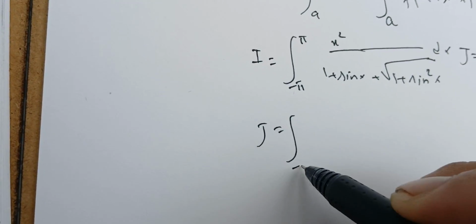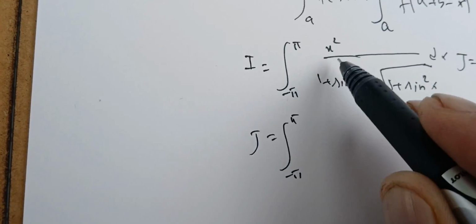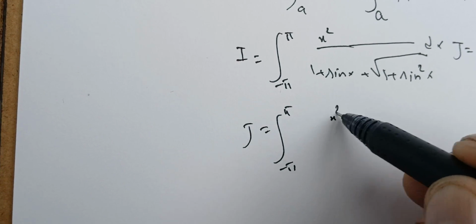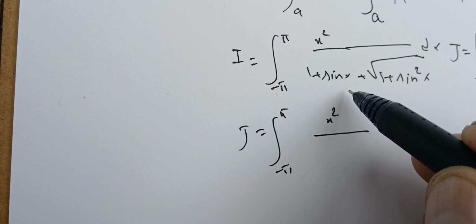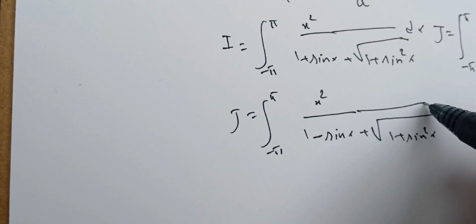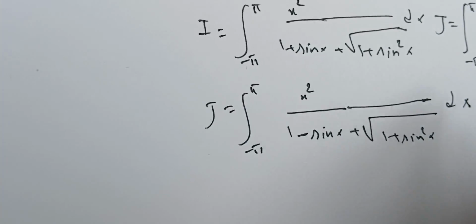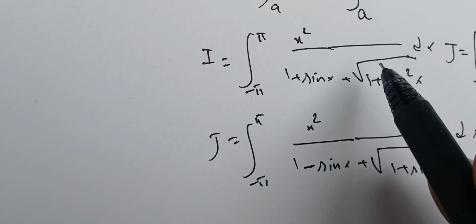So we get J is the integral from minus pi to pi, where minus x squared is x squared, and sine of minus x is minus sine of x. So we have x squared over 1 minus sine x plus the square root of 1 plus sine squared of x. The minus will go with the square.